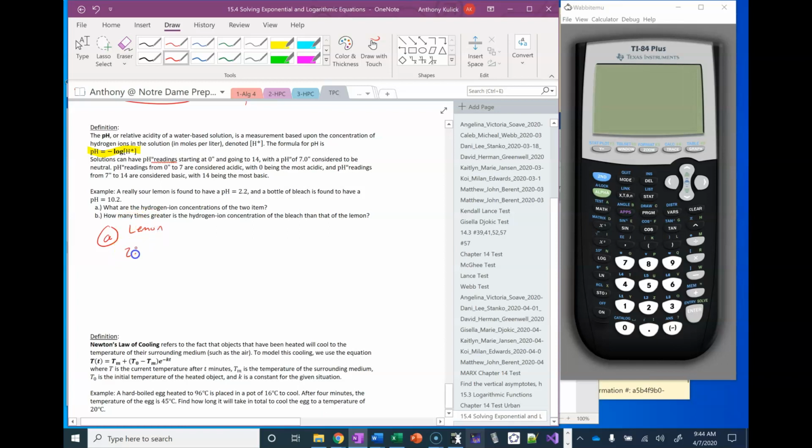So I know its pH is 2.2, and that's going to equal the negative log of H+. So the first thing I'm going to do is move that negative sign over to the other side. And now I'm going to cancel out the logarithm. Again, this is the common logarithm, so the exponent base I'm going to use is 10.